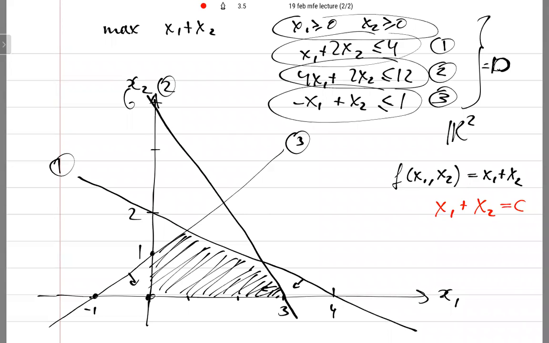In my particular example, level curves will be just straight lines. This is x1 plus x2 equal to some c. That is, I move along my line.